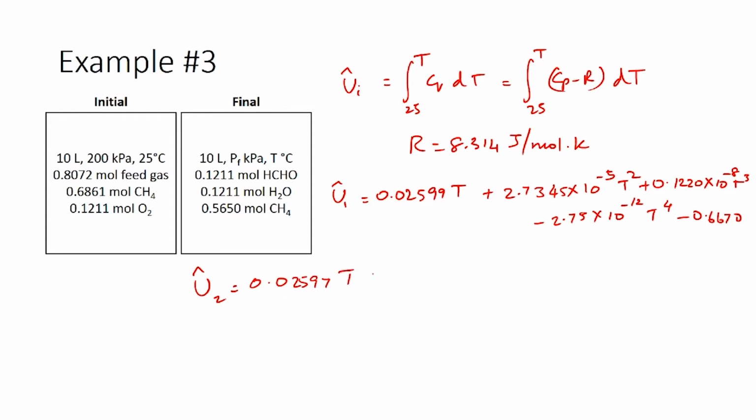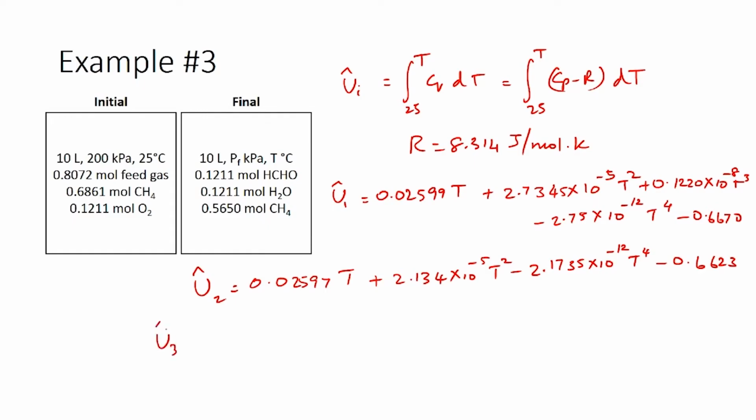0.02597 T plus 2.134 times 10 power minus 5 T squared minus 2.1735 times 10 power minus 12 T power 4 minus 0.6623 again kilojoules per mole.